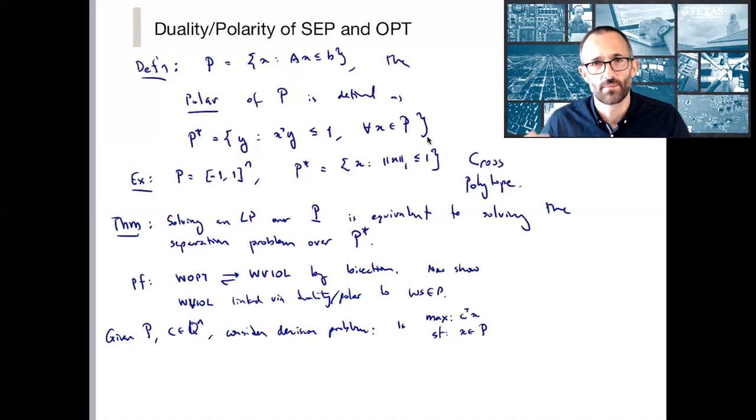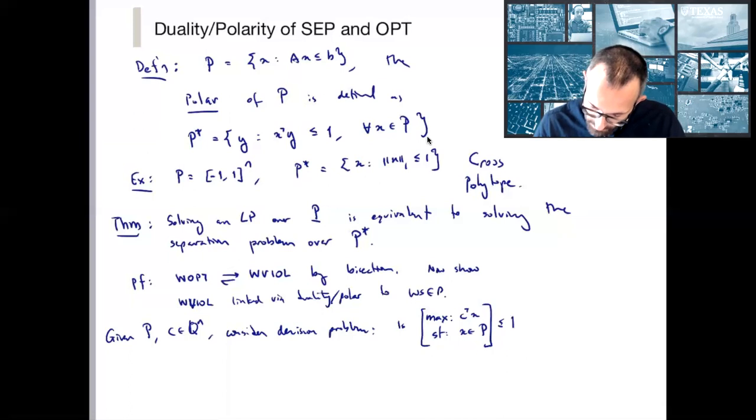Let's just normalize and make gamma equal 1 here. I can always normalize C and gamma. Is it less than 1? And if not, produce Y in P such that C transpose Y is greater than 1.